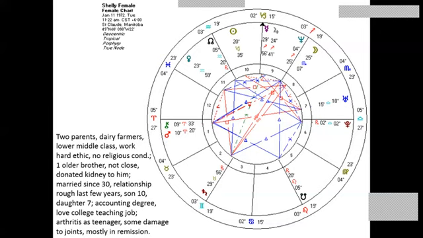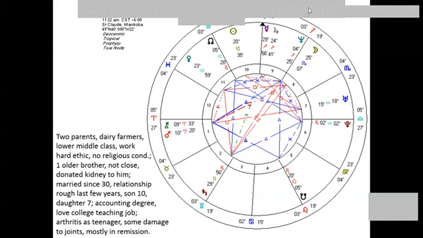And so the North Node is then making a same aspect. Let me do this for you to help everybody.